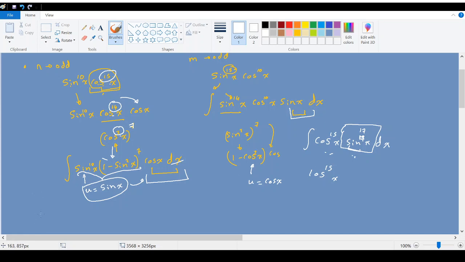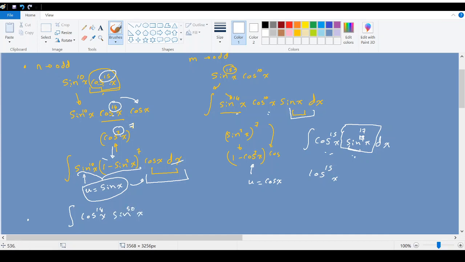And then the next one is, what will happen if none of these two terms are of odd powers? What if both sine and cosine terms have even powers, like this?